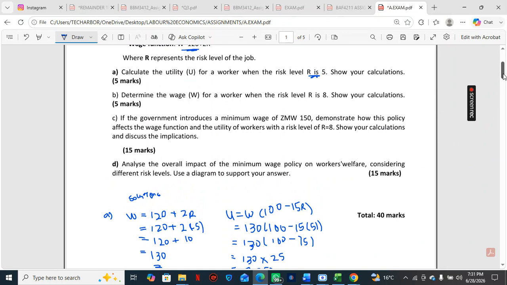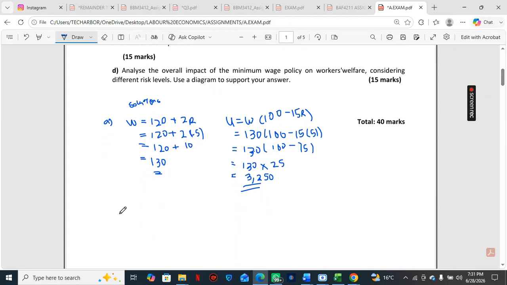Part B. Determine the wage for a worker when the risk level is 8. Show your calculations. So determine the wage when the risk level is 8. So remember, we've still got the wage function here. Wage equals 120 plus 2R.